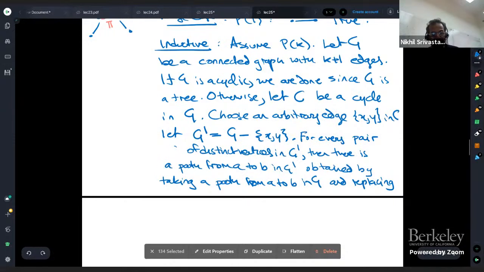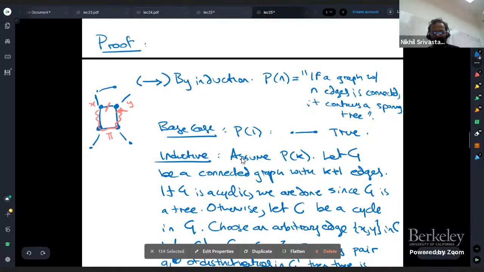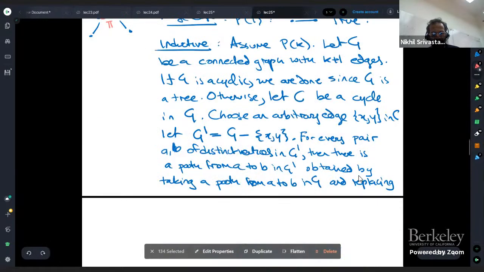So for every pair AB of distinct vertices in G prime, there's a path from A to B in G prime. How do you get that? Well, A and B could be sitting somewhere else, like here. They might originally have had a path through xy, but I can reroute it through pi because of the cycle. It's obtained by taking a path from A to B in G and replacing any occurrence of xy.